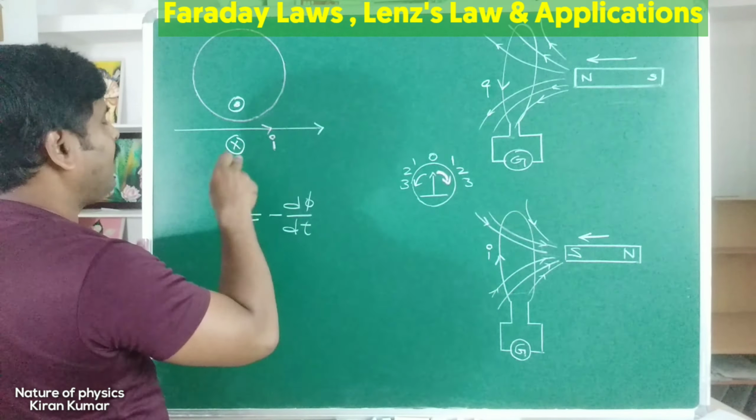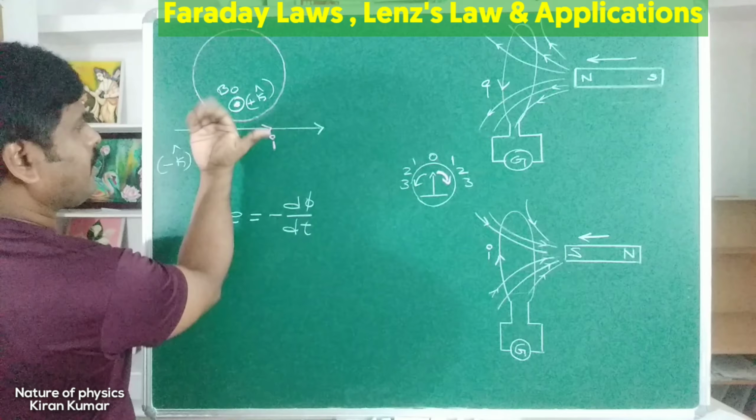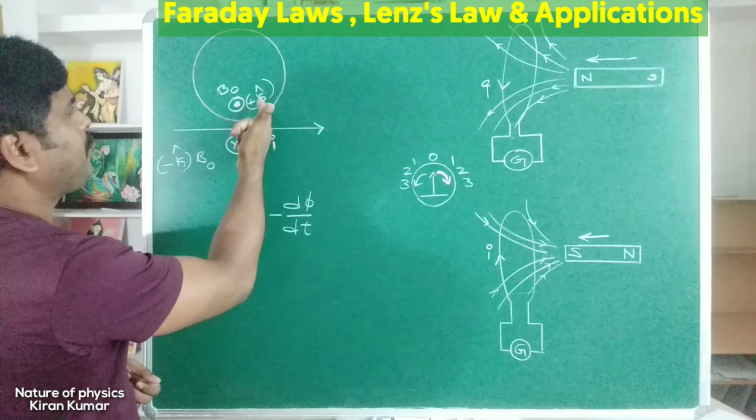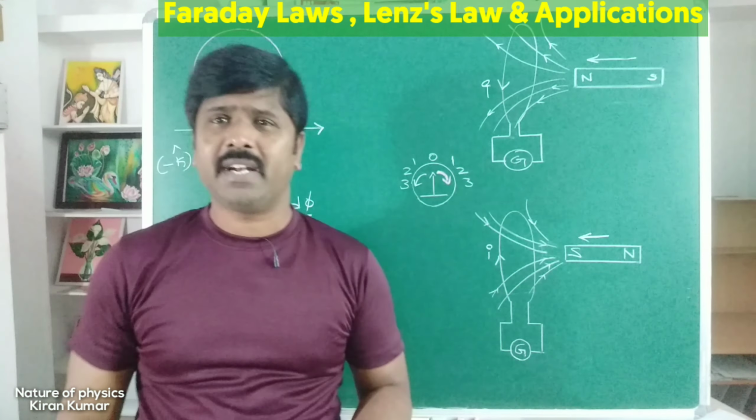This is taken as B naught, the original magnetic field due to the current carrying conductor. Because out of the paper is the positive z axis, it is plus k cap, and into the paper is minus k cap.